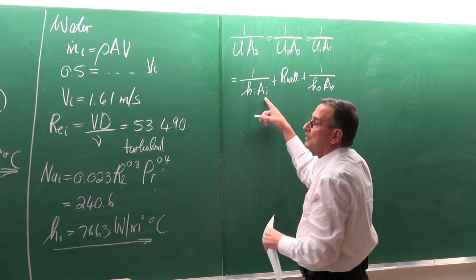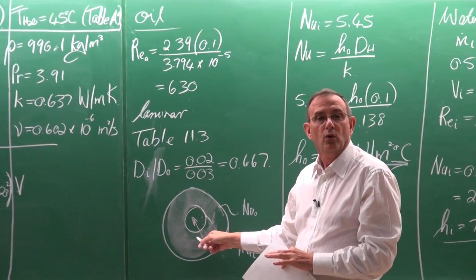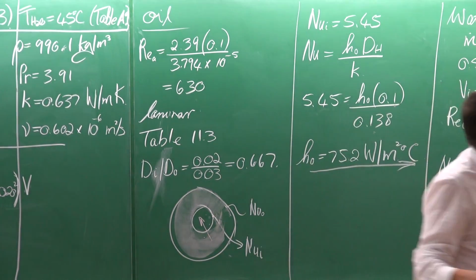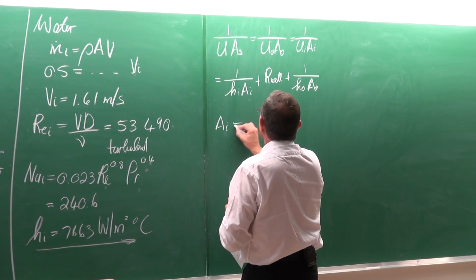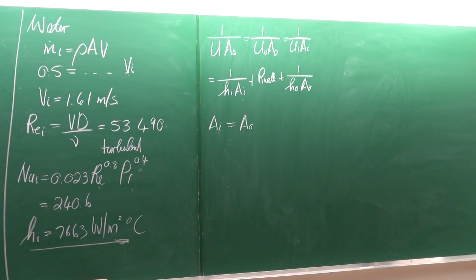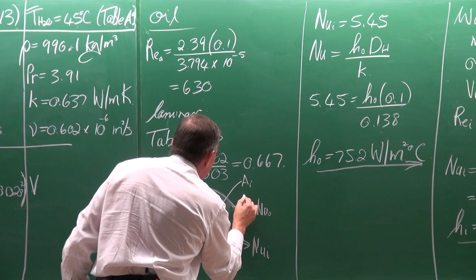So, coming back to the problem, they didn't give the thickness of this wall. And if they don't give it, then we assume it is very thin. So if it is very thin, then it means the inside area is equal to the outside area. Take note, the inside area, we refer to that area of that wall.